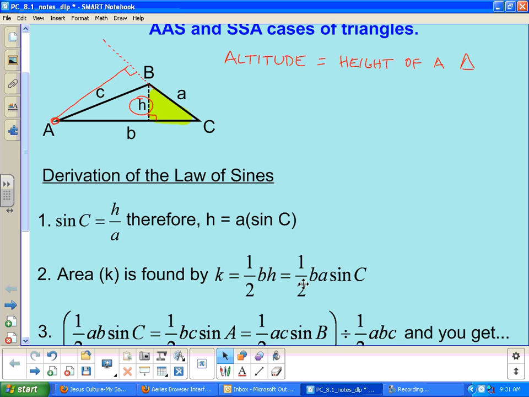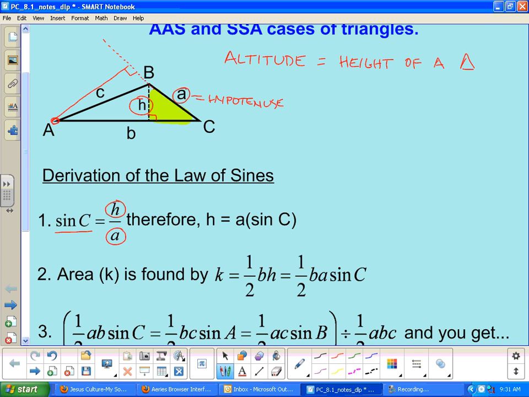And if I'm hanging out at angle C, I can find H by doing a sine. This is assuming that I know this length. If I know that length, this becomes the hypotenuse of that little yellow triangle. And I can say that the sine of C is equal to the opposite side over the hypotenuse side, which in this case just happens to be the variable A.